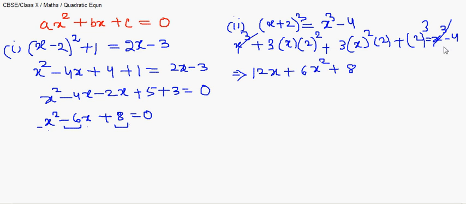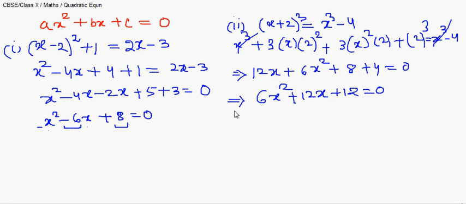So I carry this 4 to the left, that makes it plus 4, and if I rearrange, it will be 6x square plus 12x plus 12. Even I can reduce this by 6, so it is x square plus 2x plus 2. So this is in the format ax square plus bx plus c. Let's take another question on this regard.